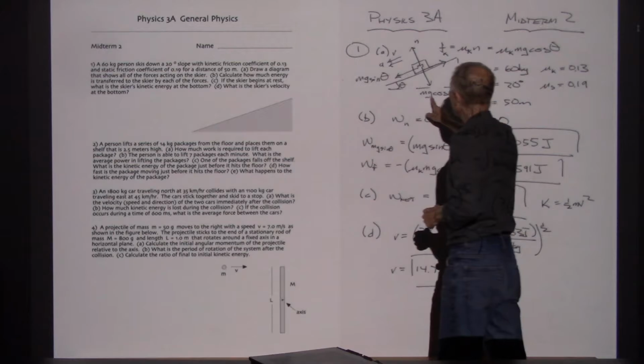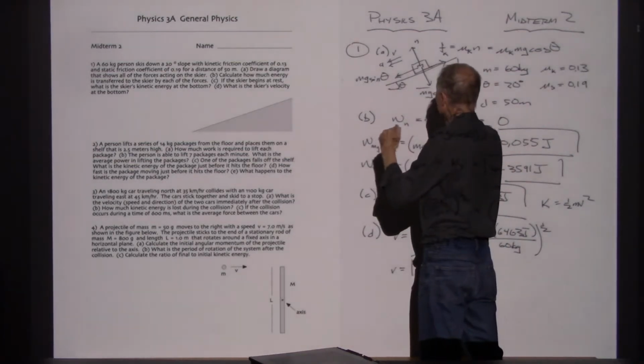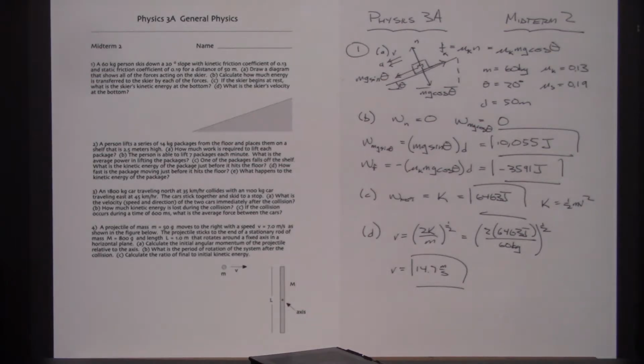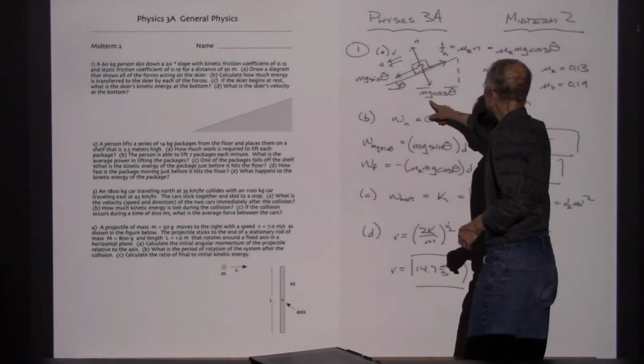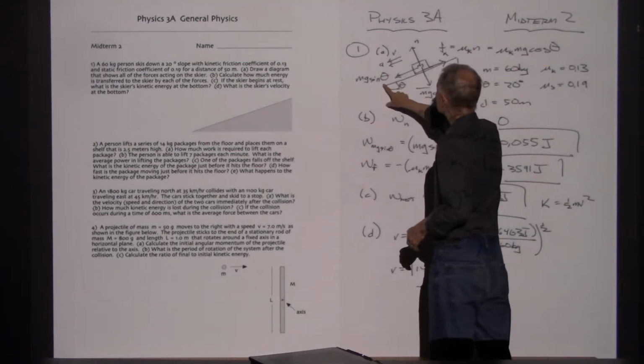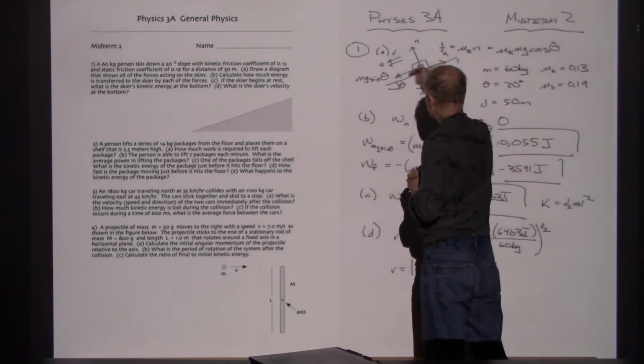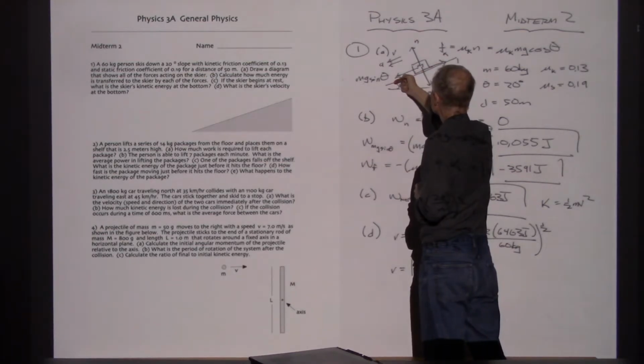Now, at this point in the course, I'm just dividing up that gravitational force immediately into cosine theta and sine theta components. So here is the mg cosine theta portion, here is the mg sine theta, and it's the mg sine theta that is going to drive the skier down the slope.